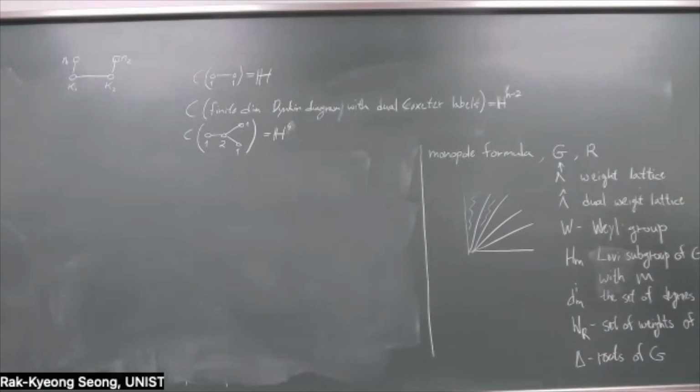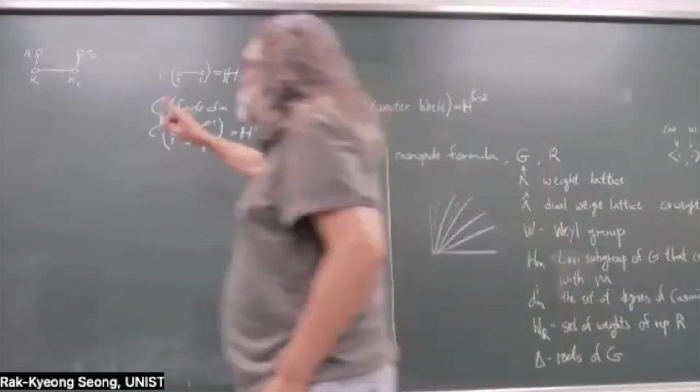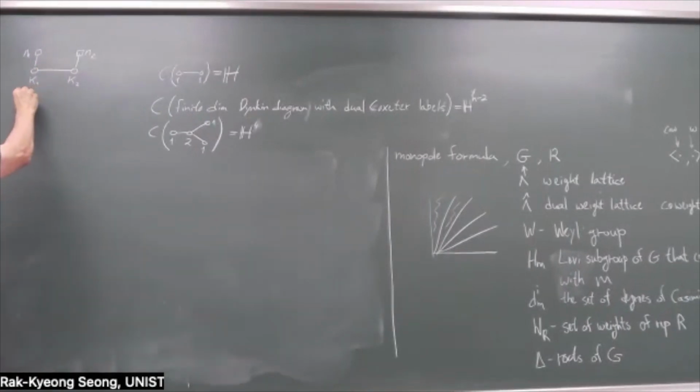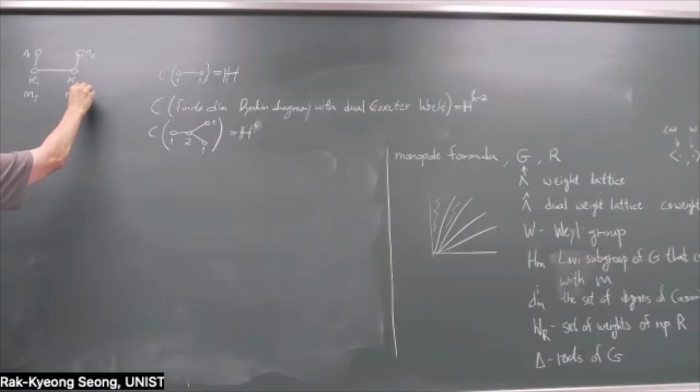Since I have the product, I'll have a collection of magnetic charges m_i and m_alpha prime. Okay, giving names is a challenge.